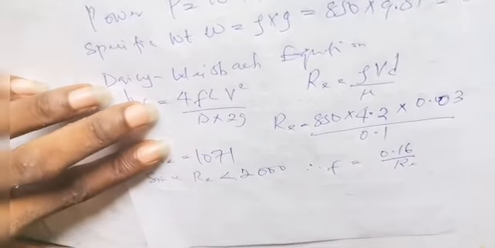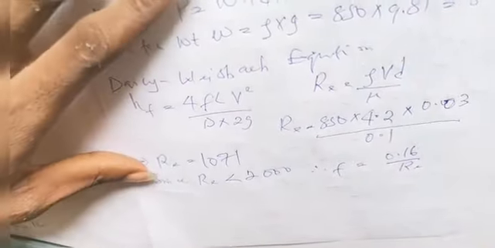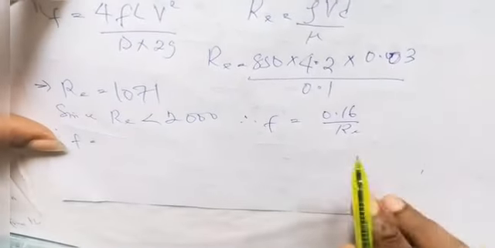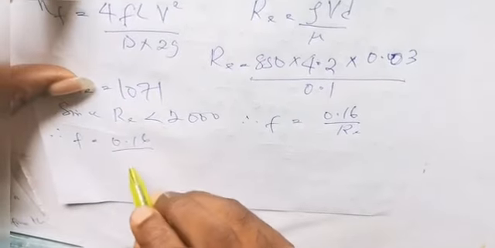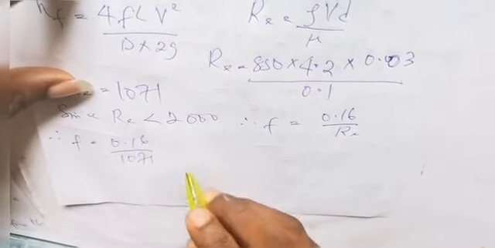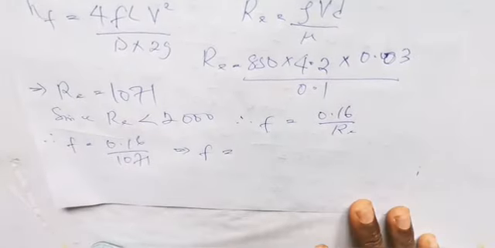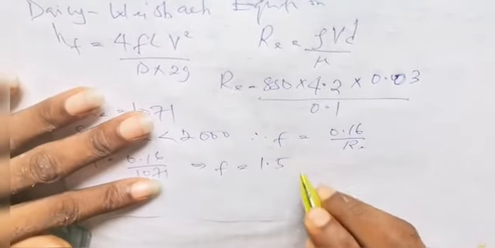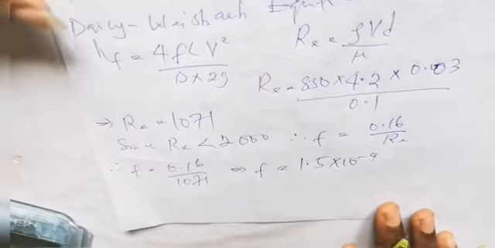Therefore friction factor F is equal to 0.16 divided by 1071. So F is 1.5 by 10 to the power of minus 4. This becomes the friction factor.